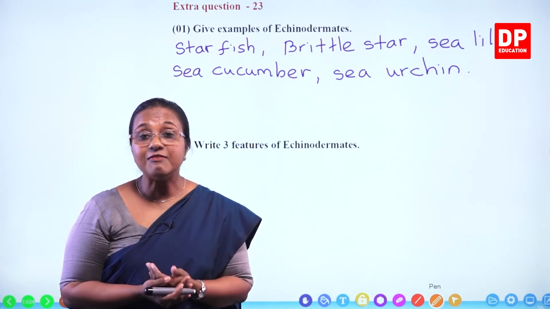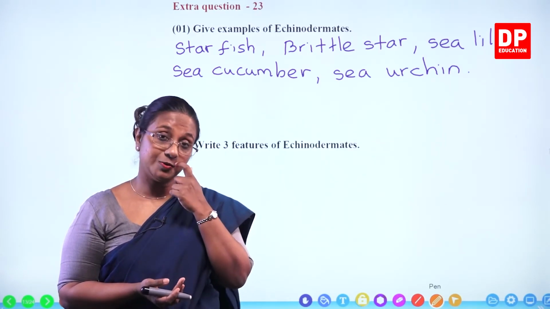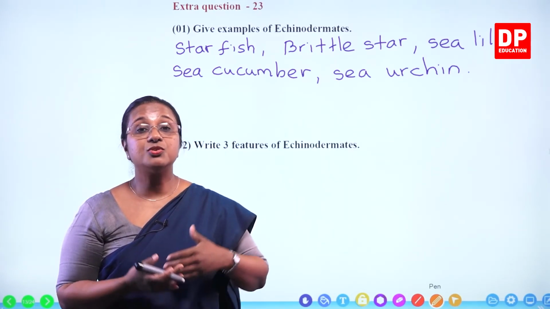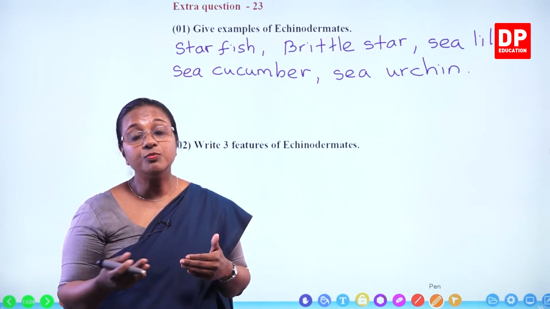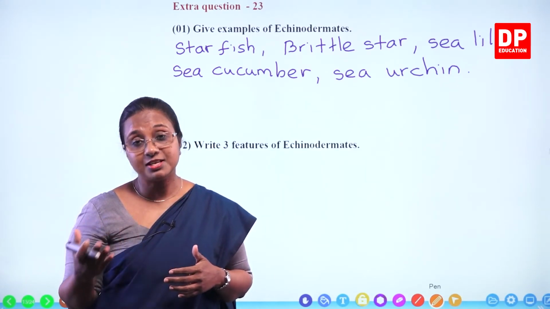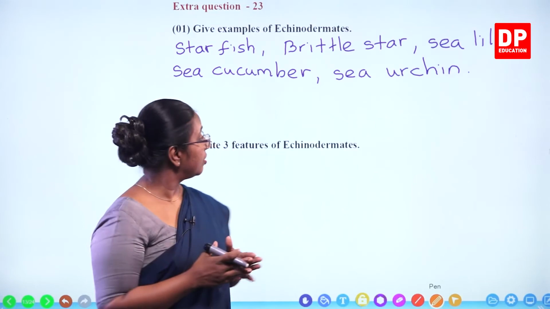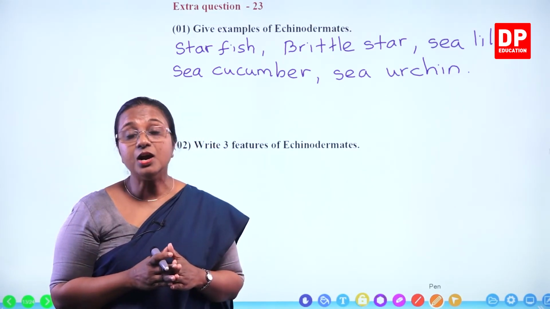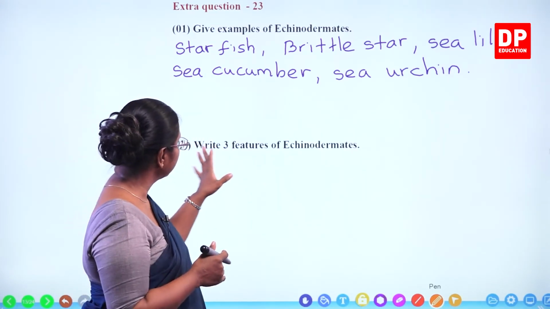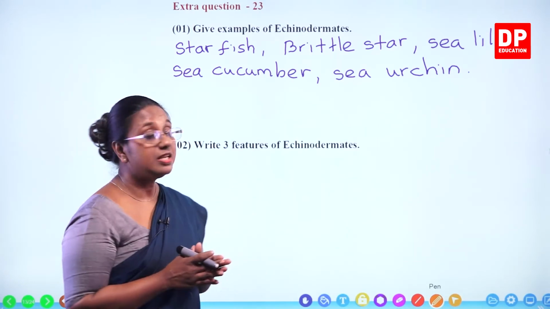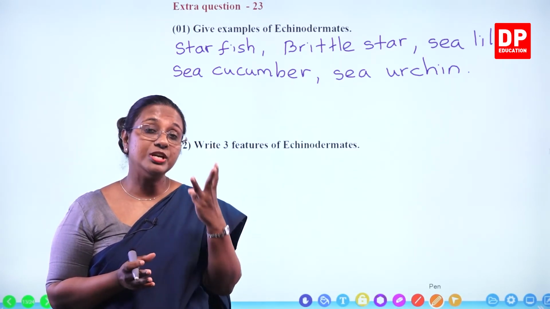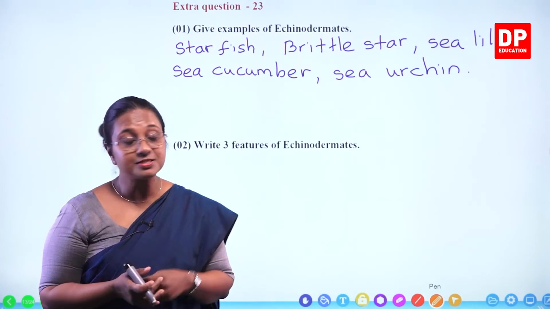They have a very highly developed water vascular system, and also they have tube feet for locomotion and respiration. And also they are all marine organisms. So those are marine animals. Those are the features of echinoderms. You only need to write 3 features.